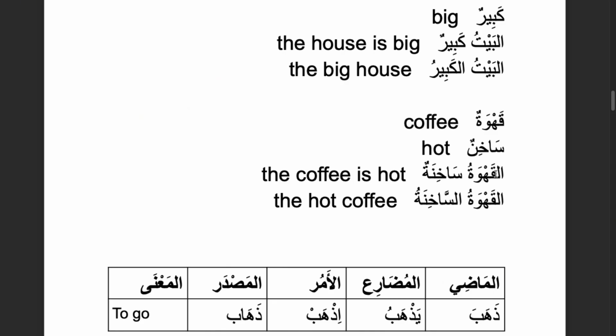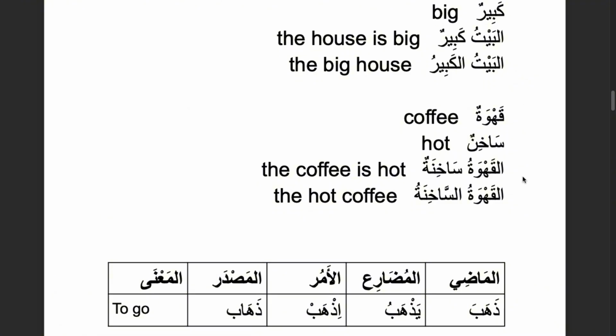When we're describing something, we have to match its gender as well, not just in na'at man'ut, but just in general. Qahwa is female, has a ta marbuta. So the word that we're describing it with, sakhin, which is hot, we have to make female as well. Sakhinatun. Okay? Al-qahwatu sakhinatun. The coffee is hot.